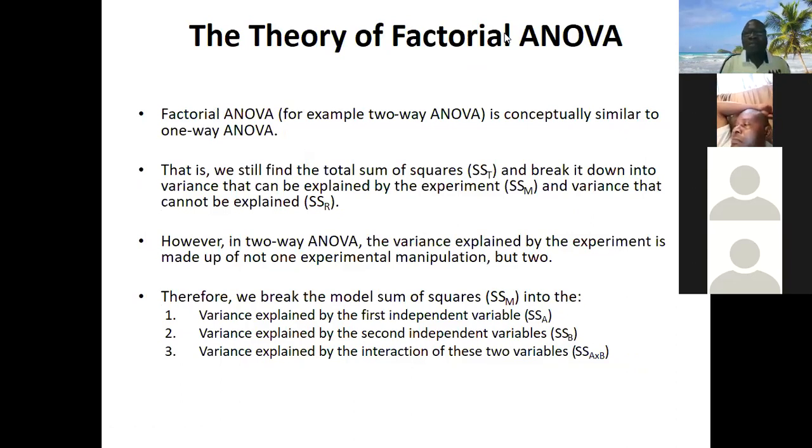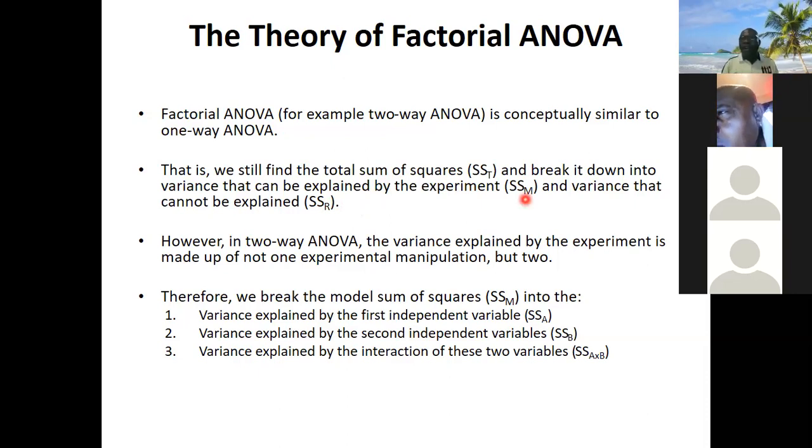You still calculate the total sum of square, and you divide it into sum of square between, which is the sum of square model, and sum of square residual, which is sum of square within.